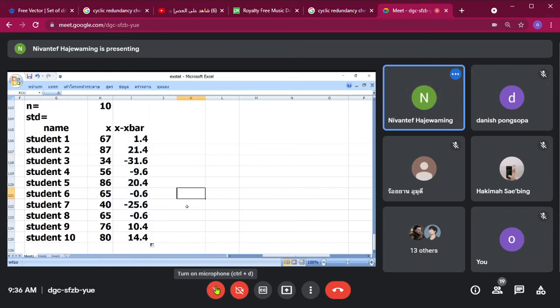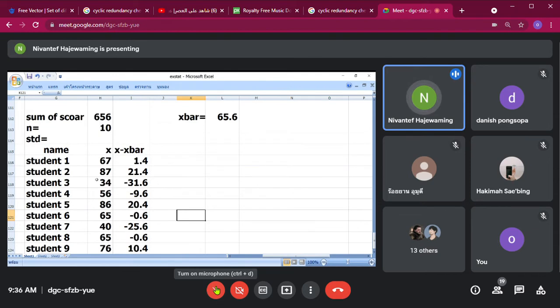Okay. If your score is larger than the mean, you get plus. 87 is larger than 65, you get plus. 34 is smaller than 65, you get minus. You notice that. X minus X bar, if each data point is larger than the mean, you get plus.